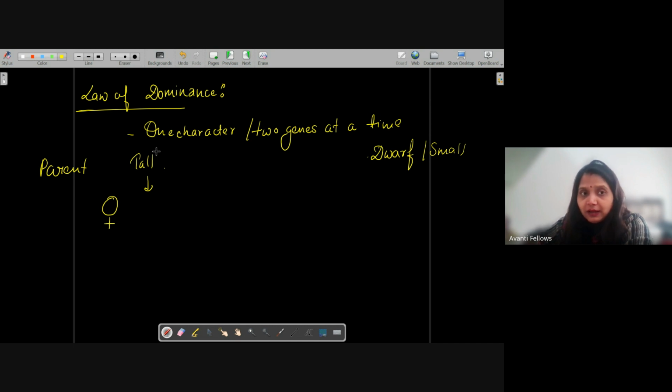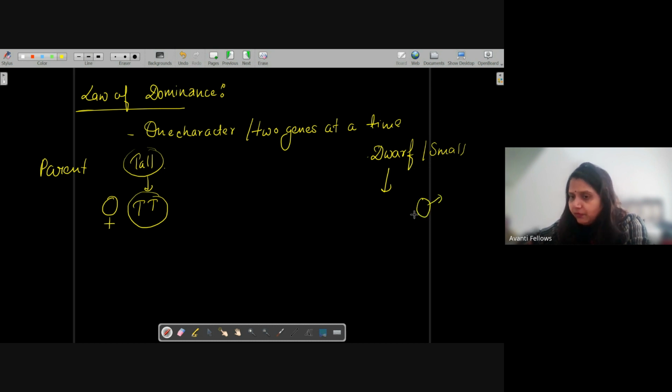So this tall character is coming from a gene, this TT gene. It is always in pairs. And similarly, the dwarf character or the small character is coming from the male one, and it will be represented as small t.